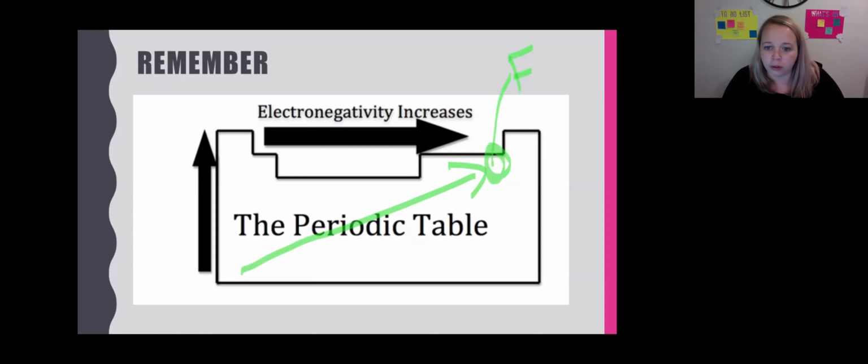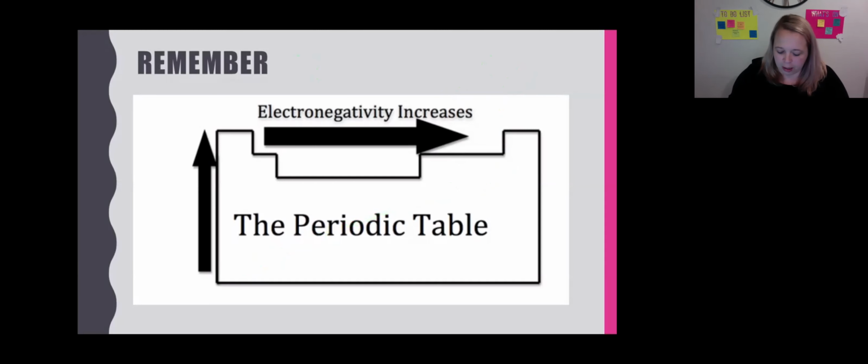That's fluorine. Fluorine always has the highest electronegativity. Next to fluorine, you've got a couple of others: oxygen and nitrogen. They're nice and electronegative. And then hydrogen as well. Hydrogen we're going to come back to its bonding later on, but it's a bit special.